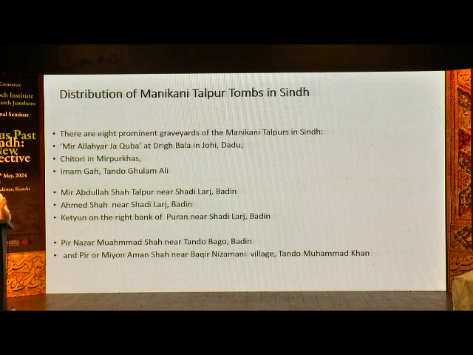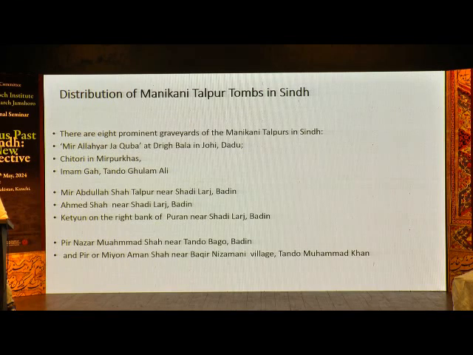Imam Gah in Tando Muhammad Khan town. This is the Mir Abdullah Shah Talpur, I added Shah, it's a typo. Mir Abdullah Shah Talpur near Shah Bilaj, Sayyid Ahmad Shah near Shah Bilaj, and Ketum.